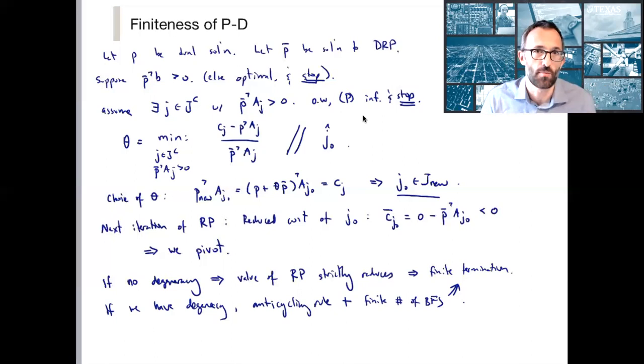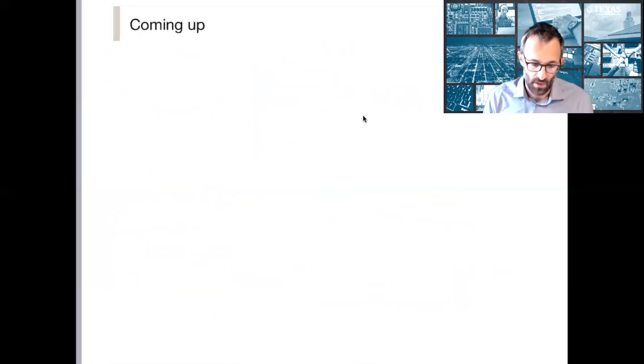If you use some other method, which we will in some cases, to solve the restricted primal or the dual restricted primal, then you need to come up with another guarantee of finiteness. But if you're willing to use simplex, then you're guaranteed that primal dual is a finite algorithm.